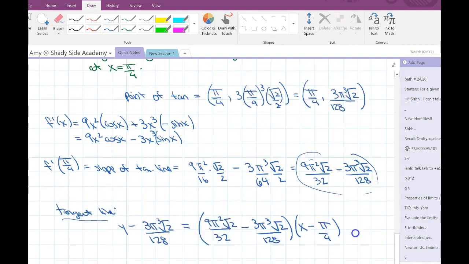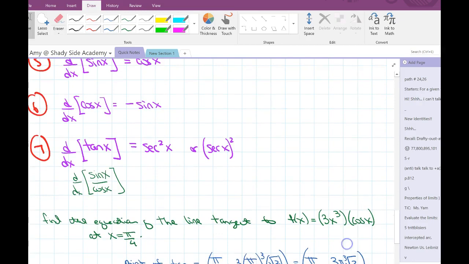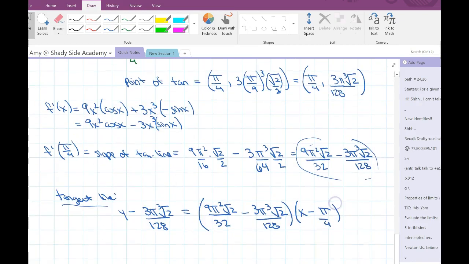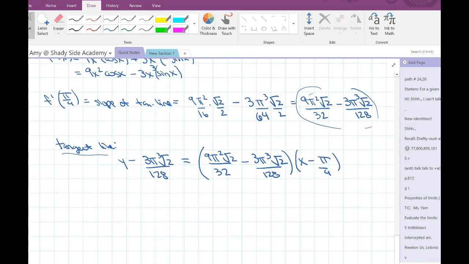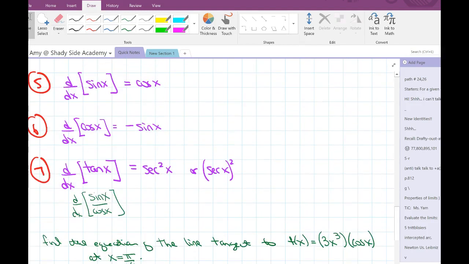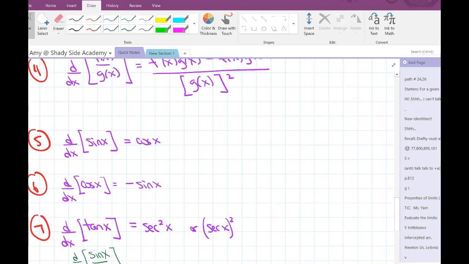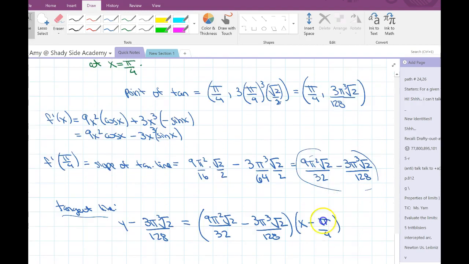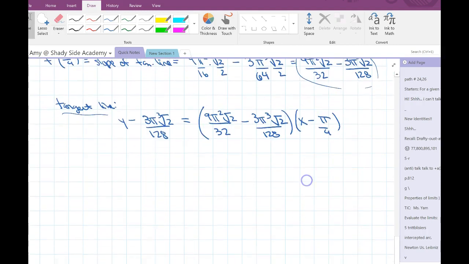Okay? So the point that I have for you is, as we are paving our way and moving forward, we are generating derivative rules, and we are starting to see how all these derivative rules can be applied. And we've done our first major application in the way of tangent line problems.